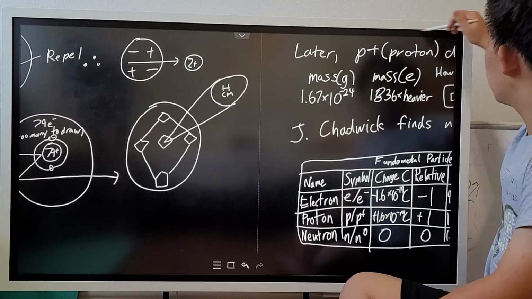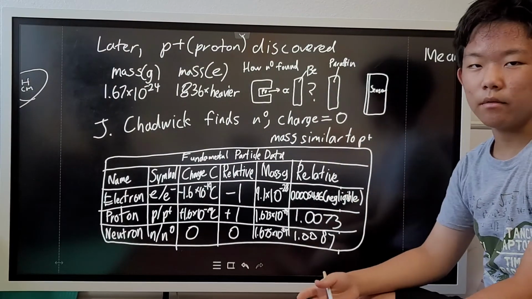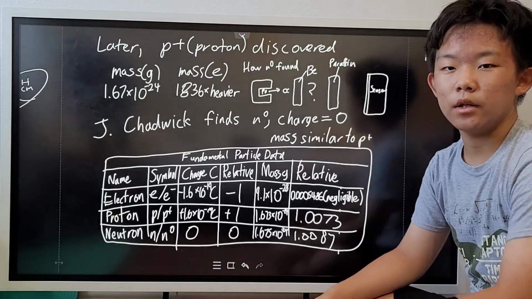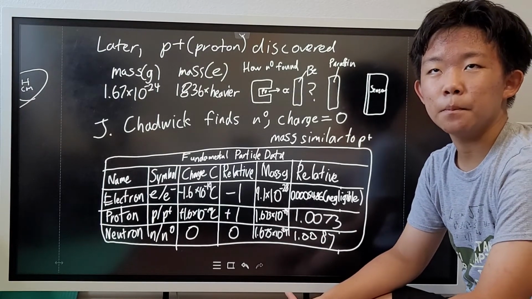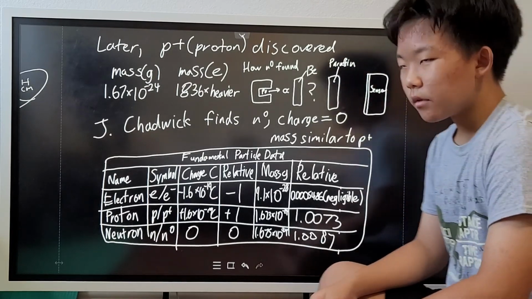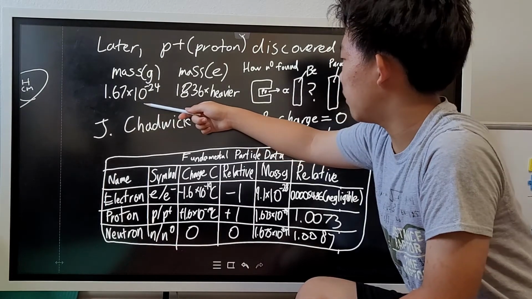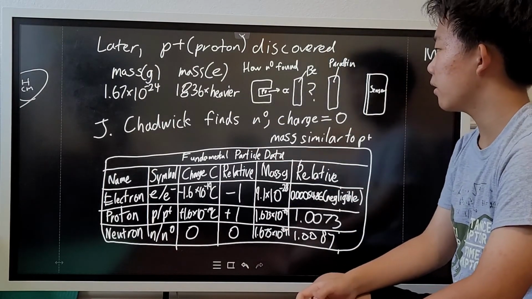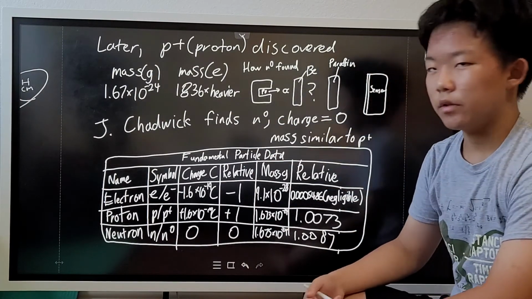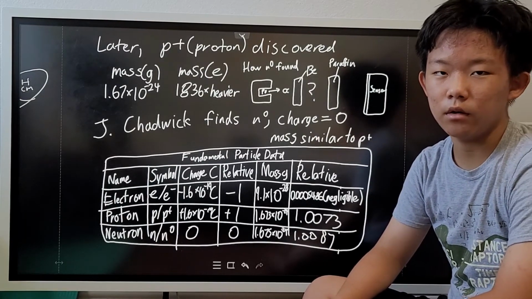And later, Rutherford made another great discovery, the proton, the second of the fundamental particles. He found that the mass in grams was 1.67 times 10 to the negative 24th, and it was 1,836 times heavier than an electron.